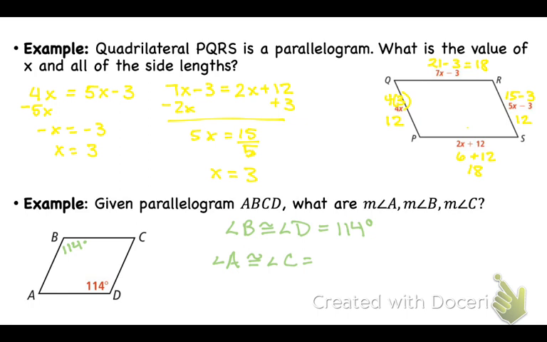You could add 114 and 114, subtract it from 360, and divide by 2. Okay, so we could do that. Anybody got a quicker way? She said to add 114 and 114, subtract it from 360, because that's the total, and then divide by 2. Could you take one of them minus 180? Yeah, because we were told that consecutive angles equal what? 180. And didn't I give you that rule? Yep. So I can take 180 minus 114.